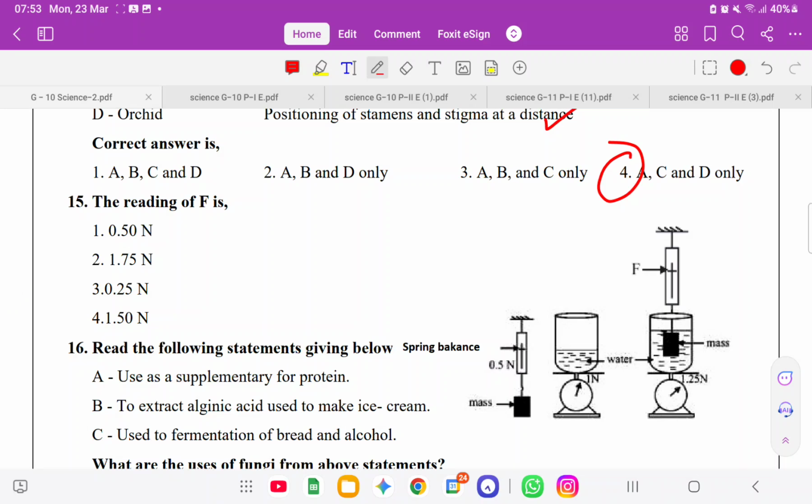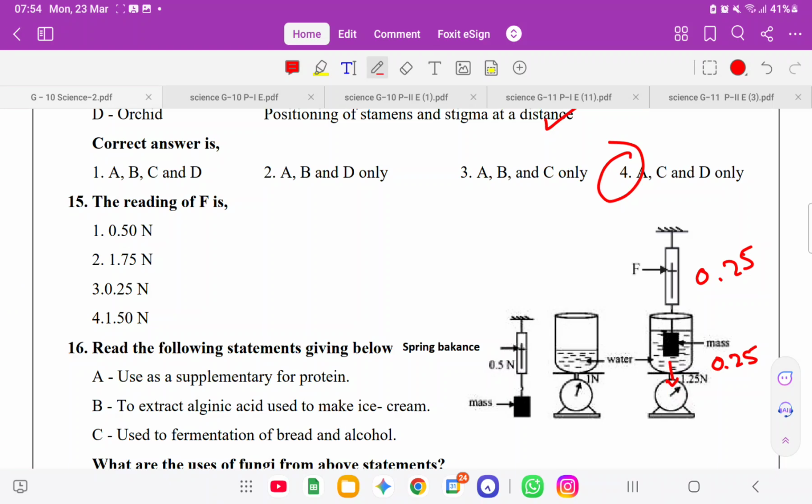It turns into 1.25, which means it feels an additional 0.25, right? So F will be 0.25, because the upthrust is 0.25, then the remaining part F can feel, right?